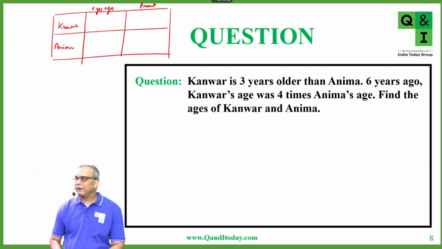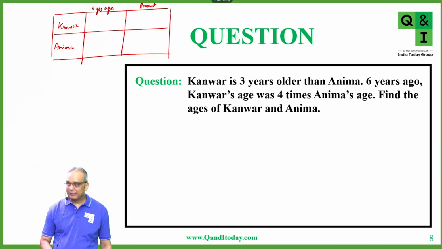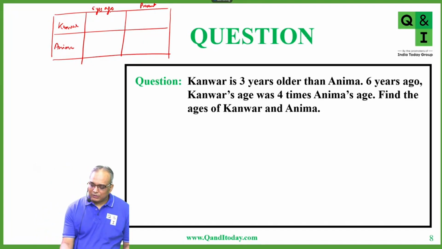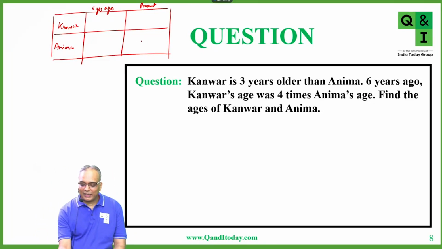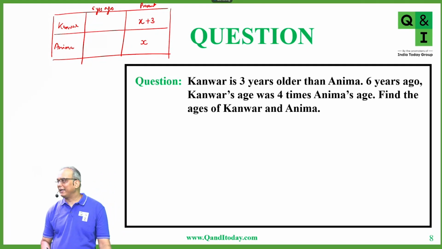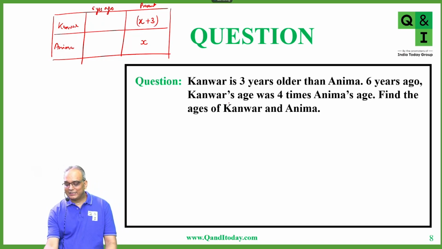Now, what has been asked in the question? Yes, Lokesh, it is correct. Very good. So Kanwar is 3 years older than Anima. So if you take the age of Anima as x, Kanwar is x plus 3. Correct? Now, 6 years ago, Kanwar's age was 4 times Anima's age.